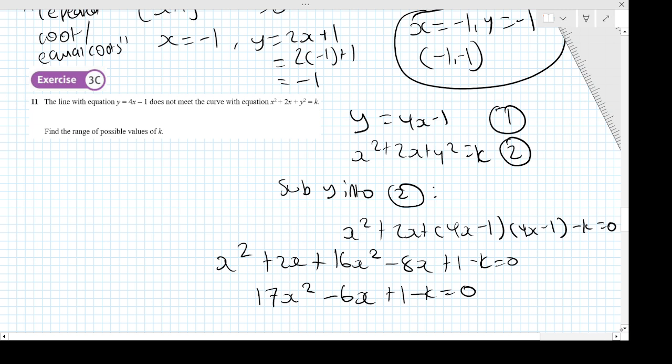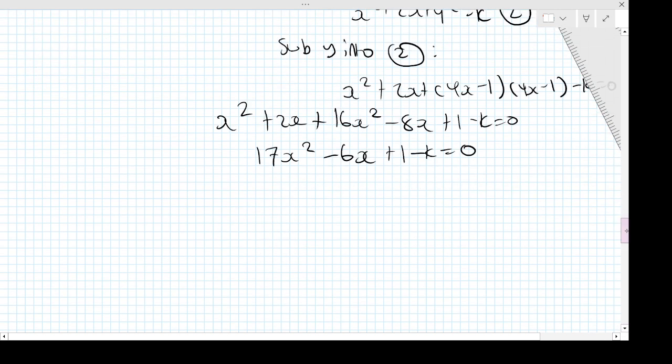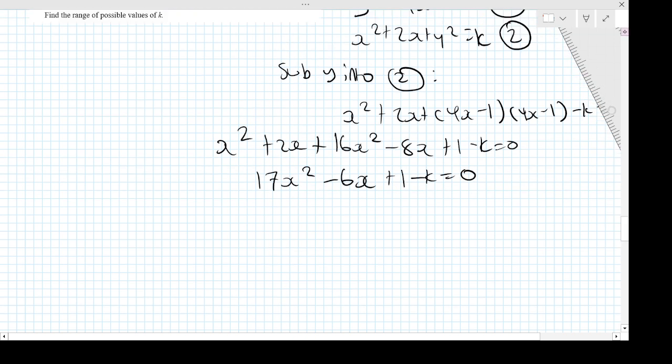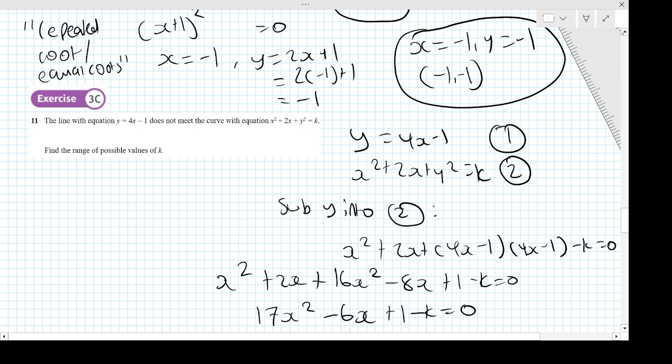And there we are. So we got this quadratic. Now again, at this point, because we have k, what can we do with that? Well, they told us that this line, the first equation, does not meet the curve, which means it does not intersect this curve, the second equation.